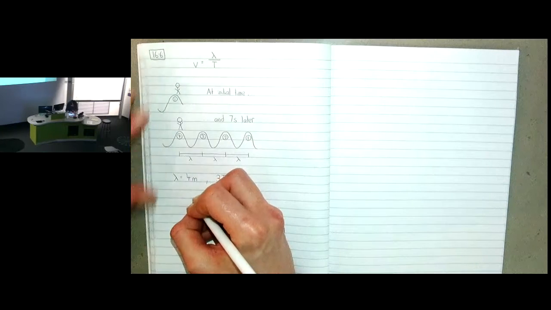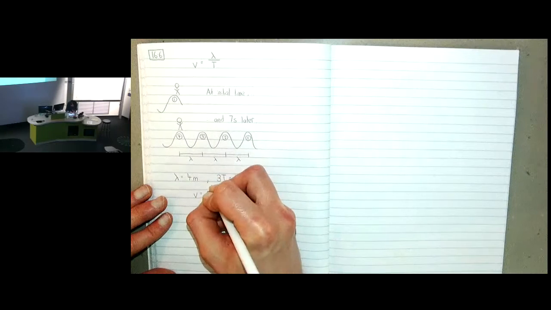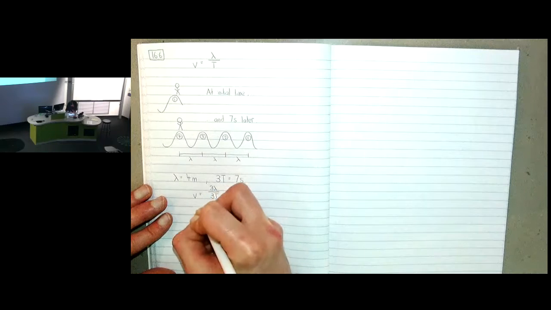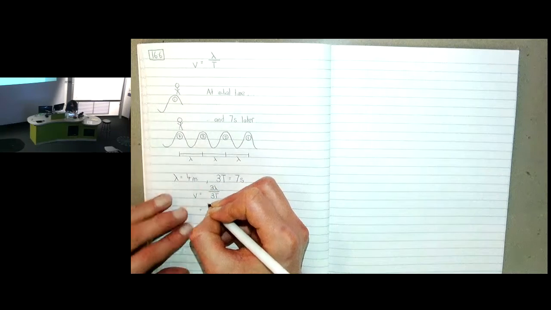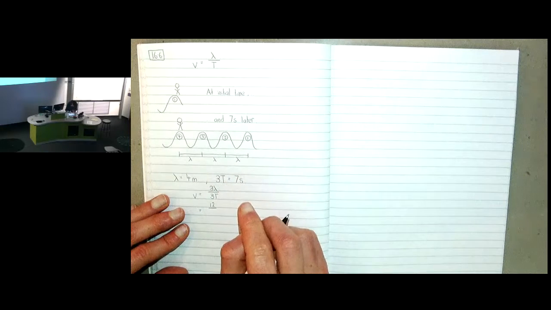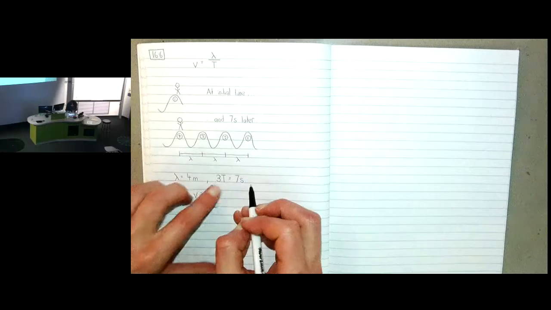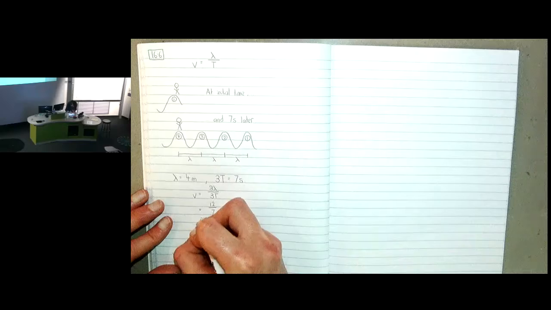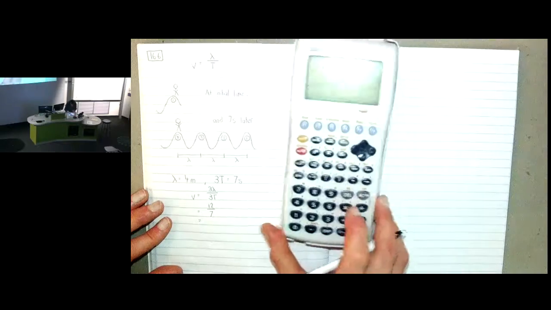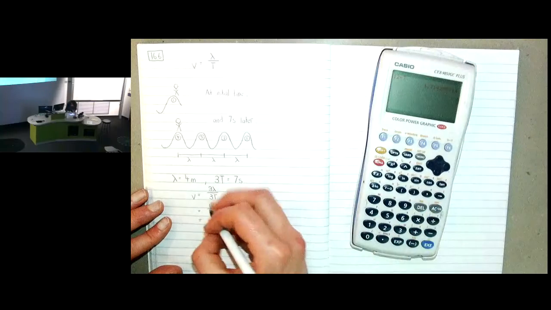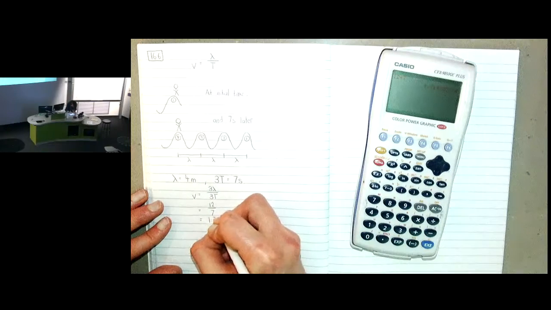So we can write this equation as v equals 3 times the wavelength divided by 3 times the period. 3 times the wavelength is 12, and 3 times the period is 7 seconds. So the speed is 12 divided by 7, which is 1.71 meters per second.